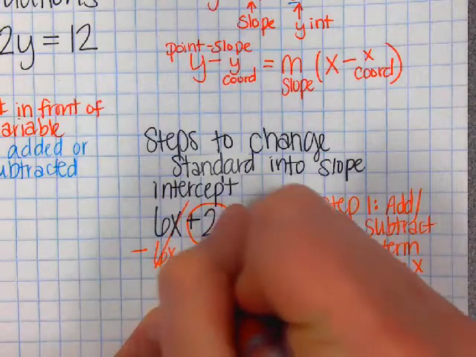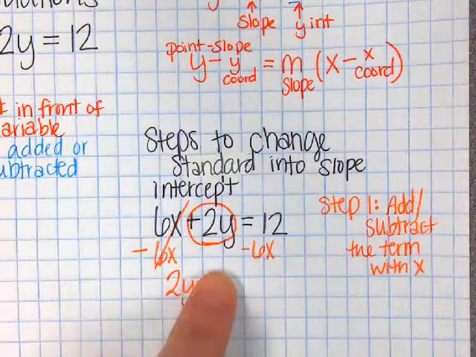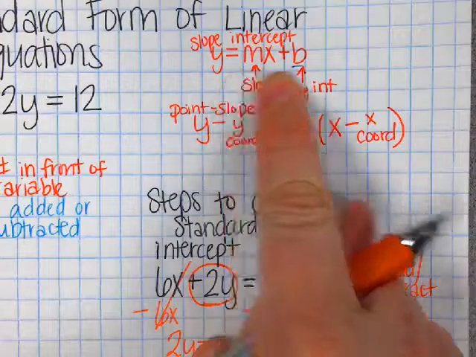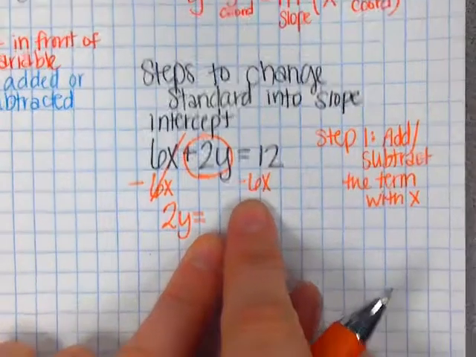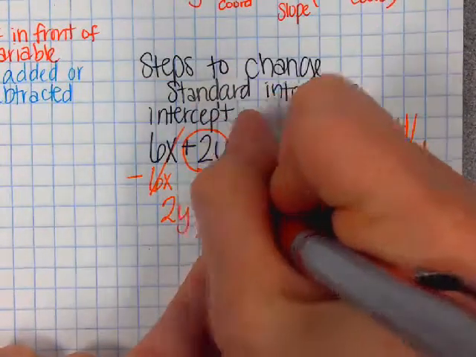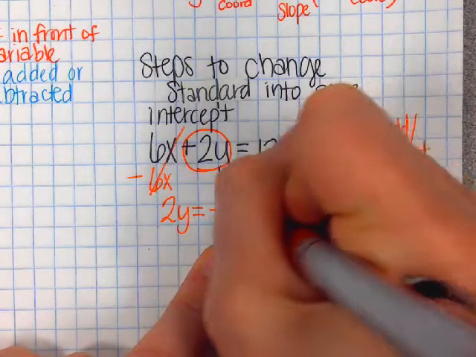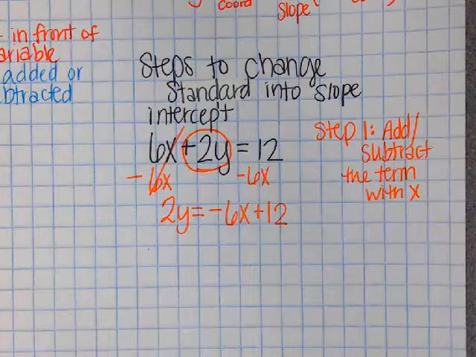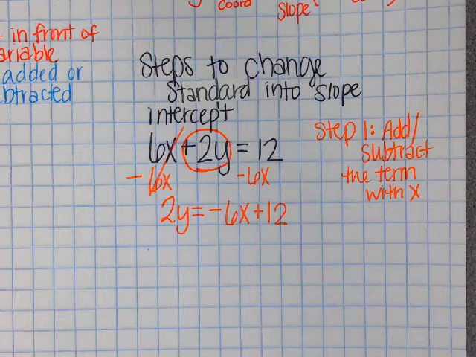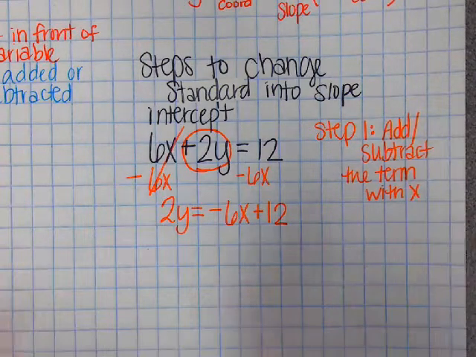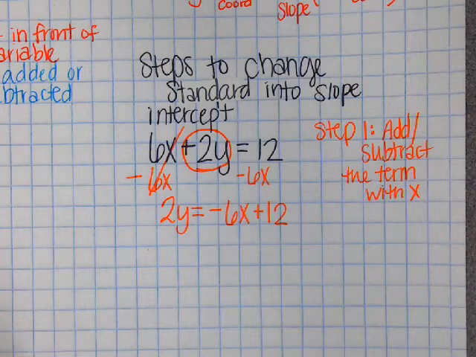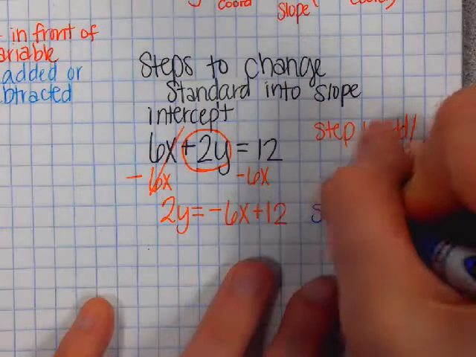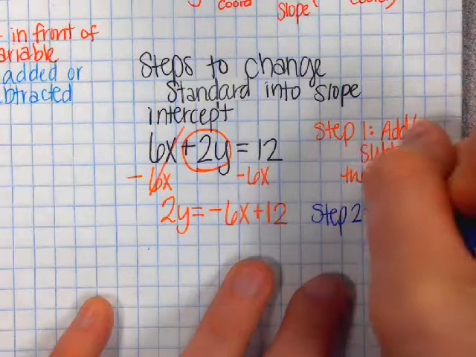So my equation would be written as 2y equals, and since I want it in mx plus b form, I'm going to write the x part first. So it would be negative 6x plus 12. I'll use dark blue. Okay, my next step, step 2.